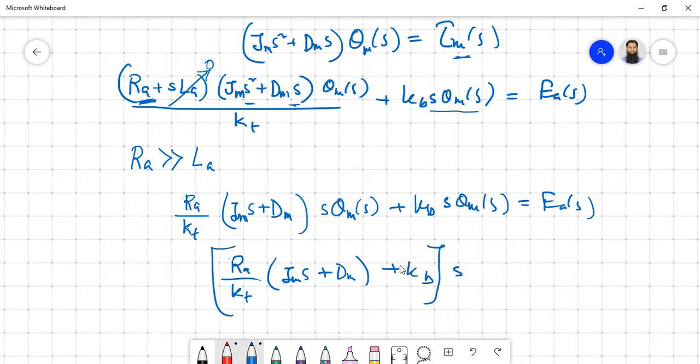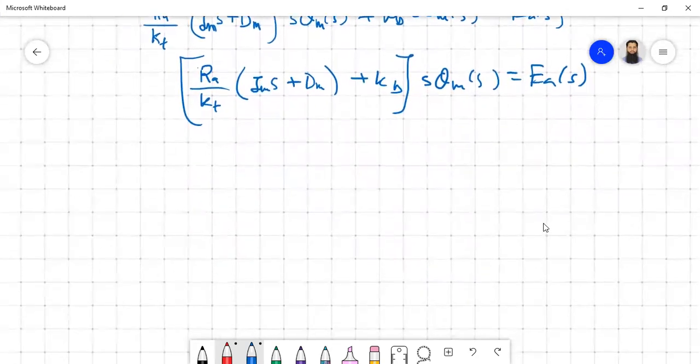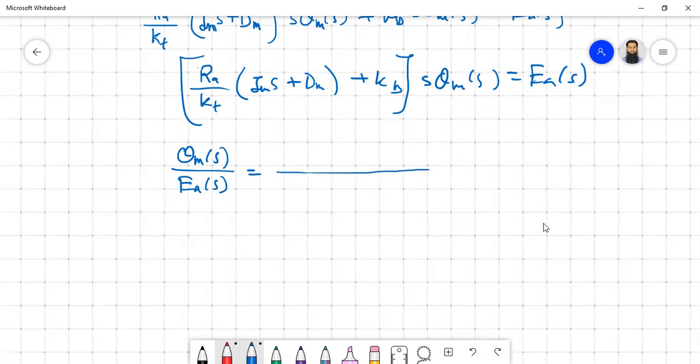Okay, so sθ(s) = Ea(s). Now we have almost arrived at our corresponding transfer function. So basically, θ(s)/Ea(s) will be 1/s into that parameter, that is Ra/Kt (Jm s + Dm) plus Kb.